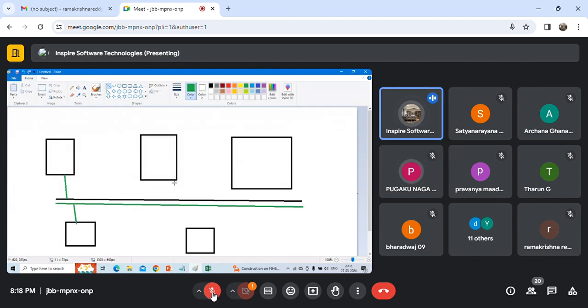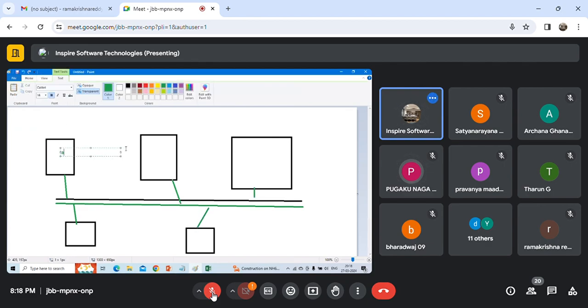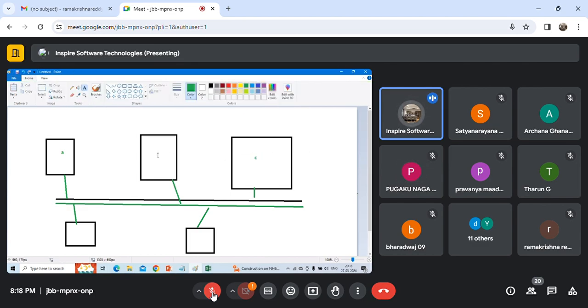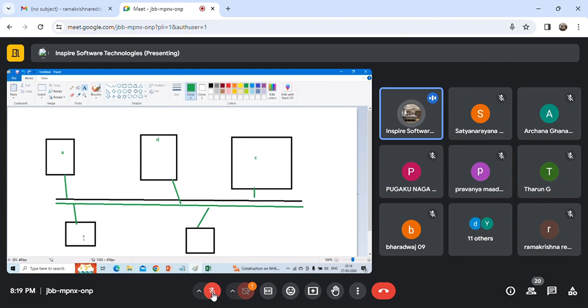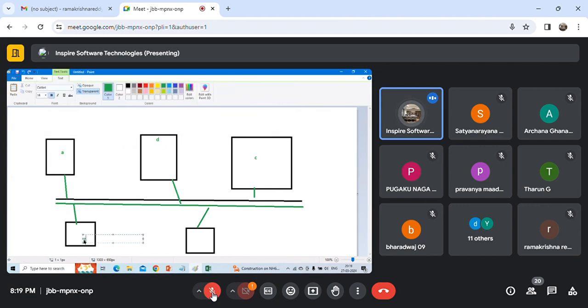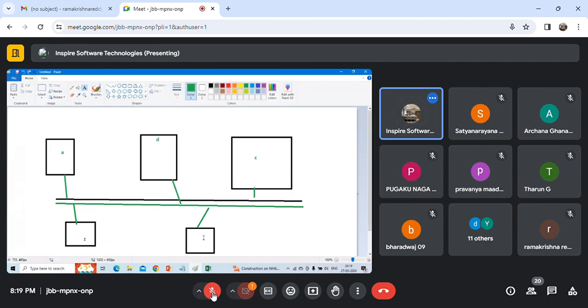Just for clarity, I'm drawing it. So they are connected to the network. Controller A, controller B, controller C. They need not be in the same order, it can be anything. This is only an example. So there are these many controllers. Now controller A is sending data onto the network.